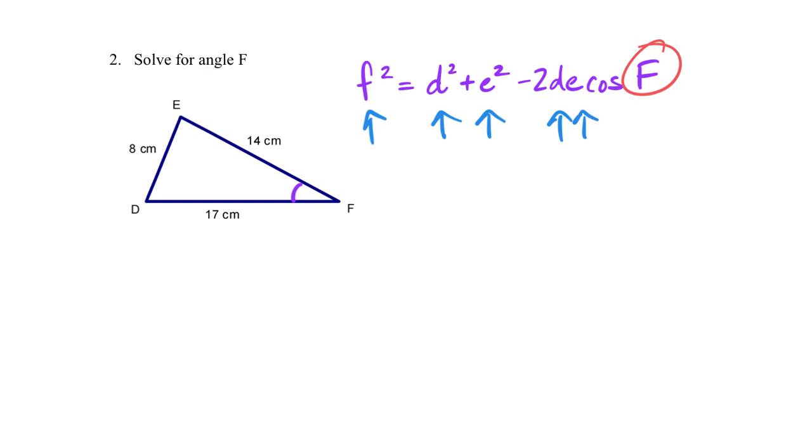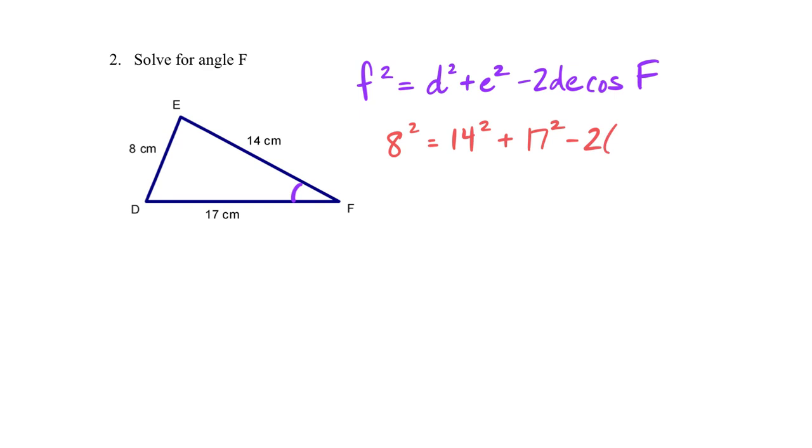Okay, I want to take you through the process of what this looks like to solve for an angle. Okay, similar to what we did before, sub everything in. There's my side F. There's my side D. There's my side E. Minus 2 of D times E cos of the angle.